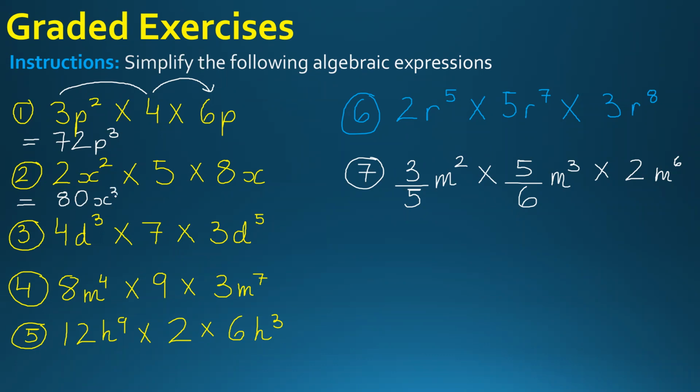So its answer is 80x to the third power. Very good. And you want to go at number 2, right? 80x to the third power. I did. Okay, awesome. Good stuff.